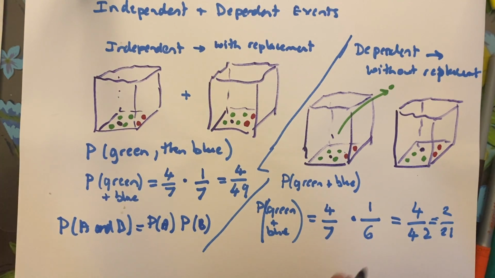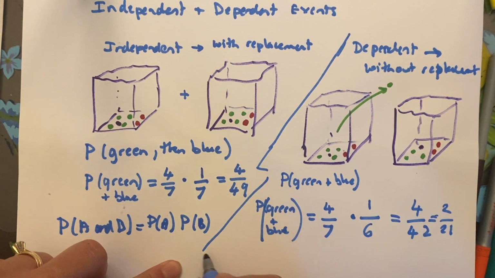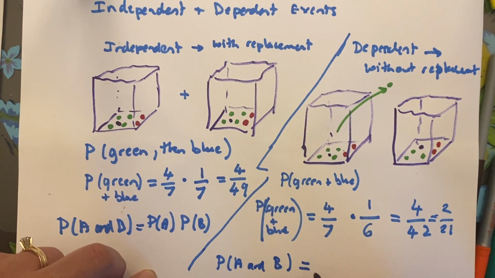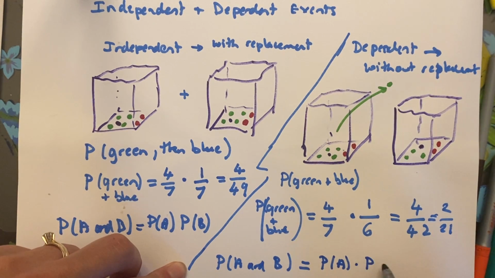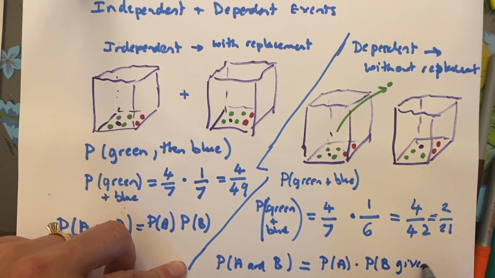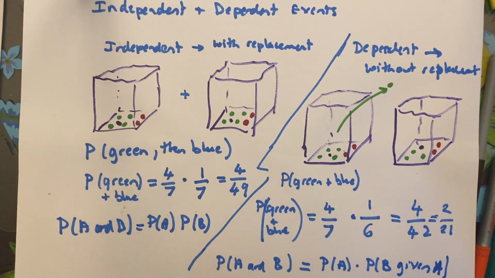But when you have one event depending on the other, where the first event changed what you could do with the other, the probability of A and B with dependent events is the probability of A times the probability of B, and we call that given A. In other words, given that A has already happened, the probability of B is going to be different, okay? So that is what happens with independent and dependent events, okay?